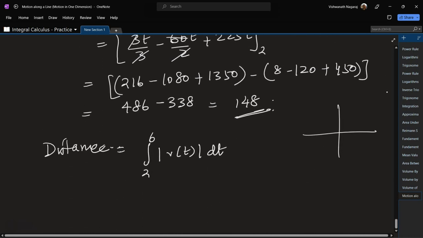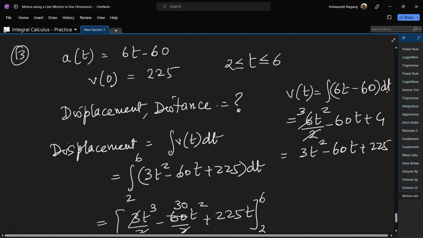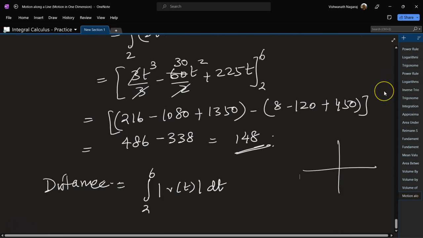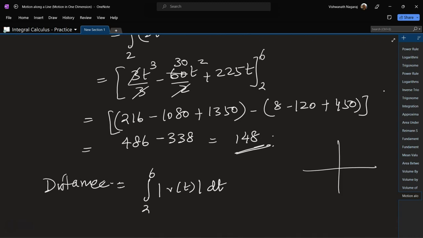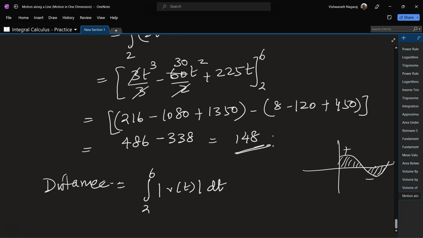But it might happen that if this is the curve, so let's say v of 0 is 225, and the velocity expression is 3t square. So something like this it is. So it may go something like this. Now here the area under this curve is going to be positive and area under this curve is going to be negative.